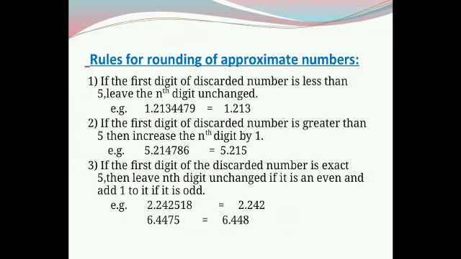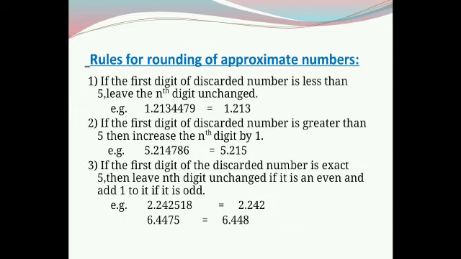Therefore, here are some rules for rounding of approximate numbers. First rule is, if the first digit of the discarded number is less than 5, then leave the nth digit unchanged. Here, discarded number means after the decimal point you take 3 digits.